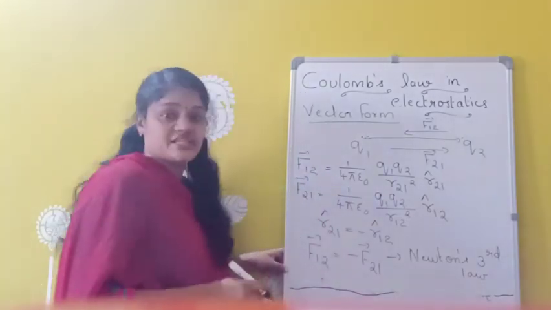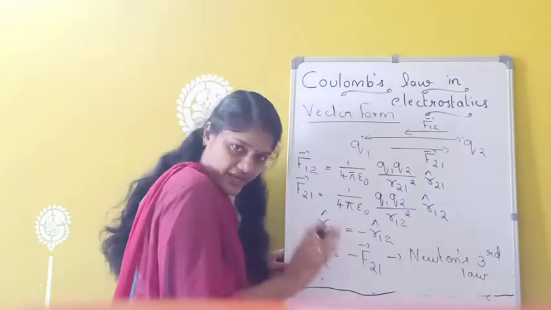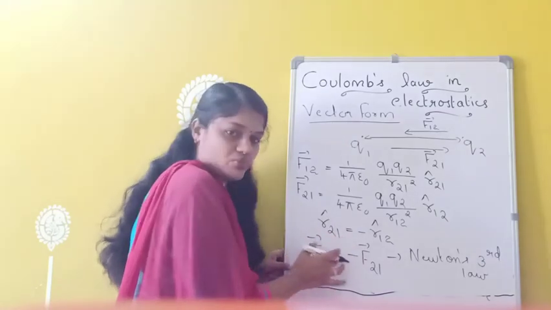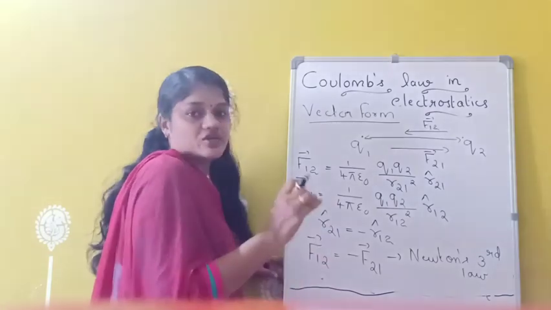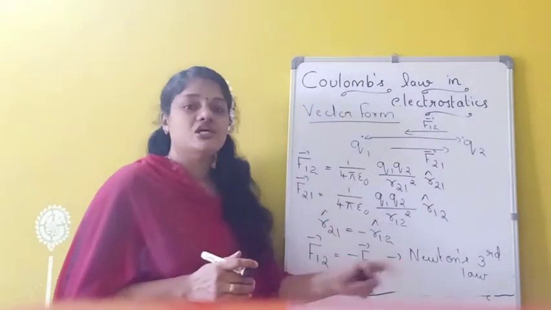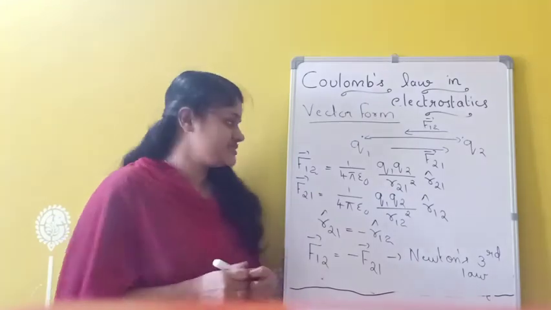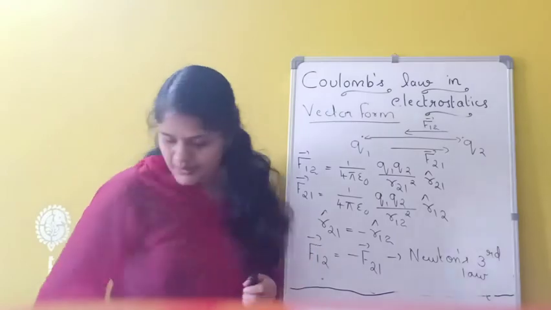For every action, there is an equal and opposite reaction. Okay, that means both the forces are in same magnitude, but what about the direction? In opposite direction. So this Coulomb's law is obeying which one? Newton's third law. So this is the vector form of which one? Coulomb's law. Okay.